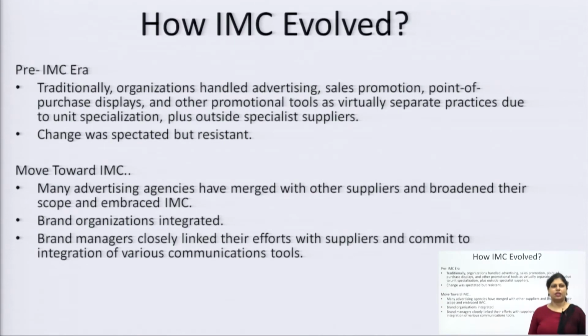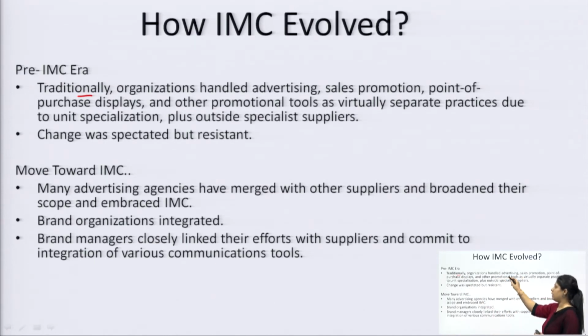Now, how did IMC evolve? We were having promotional techniques, methodologies and tools before IMC evolved. IMC evolved in approximately the 1960s. So, in the pre-IMC era, traditionally what were the organizations doing?